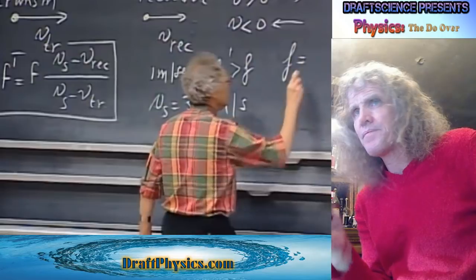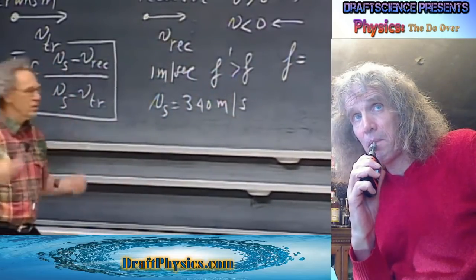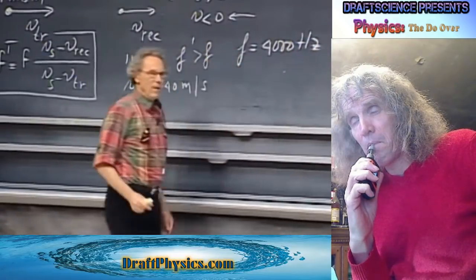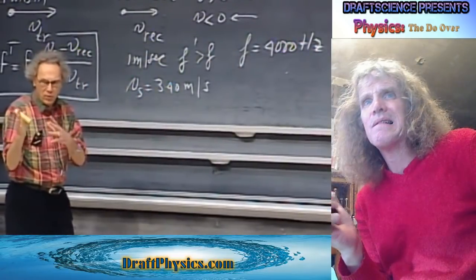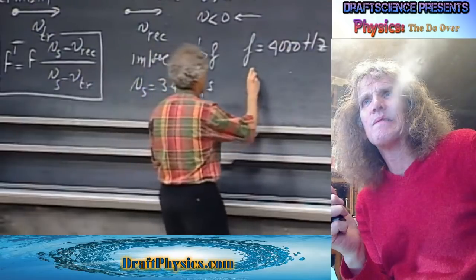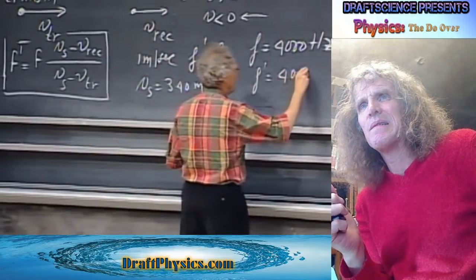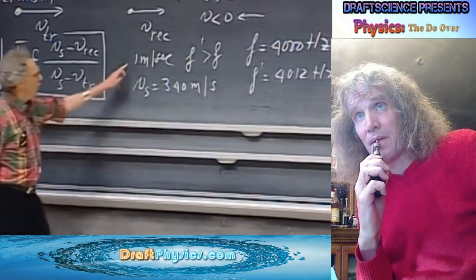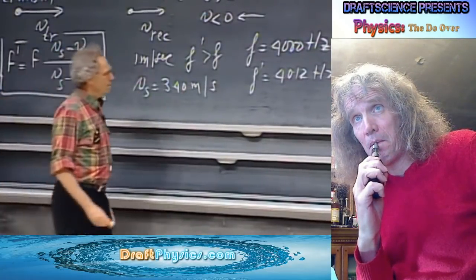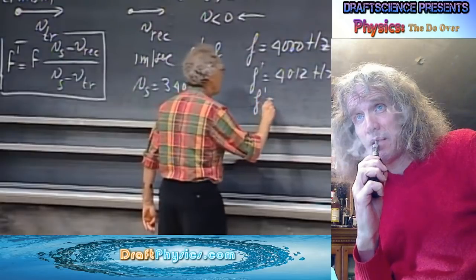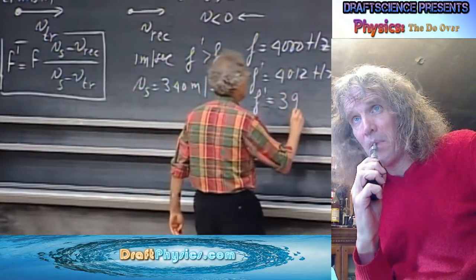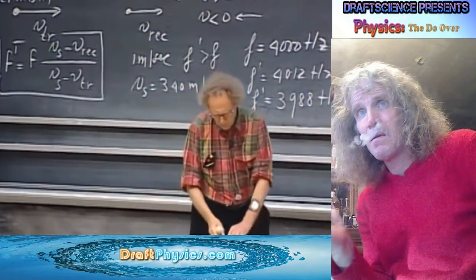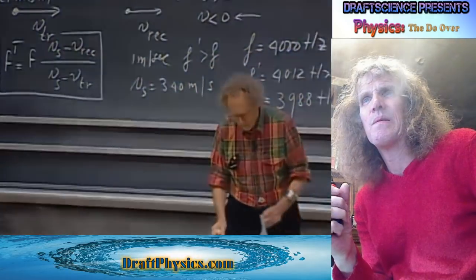So if f, which is the frequency that I will produce, is 4,000 hertz, then if I move to you with 1 meter per second, which I'm going to try to do, then the frequency that you will experience is about 4,012 hertz. It's up by 0.3%, which is that ratio 1 divided by 340. And if I move away from you with 1 meter per second, then the frequency that you will hear is about 12 hertz lower. So you hear a lower pitch, about 0.3% lower.